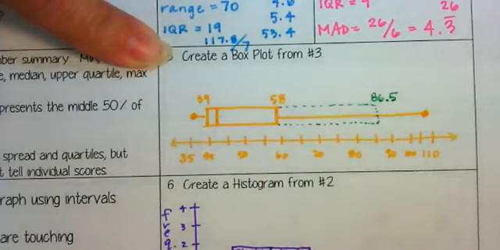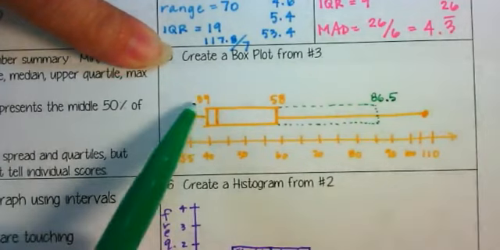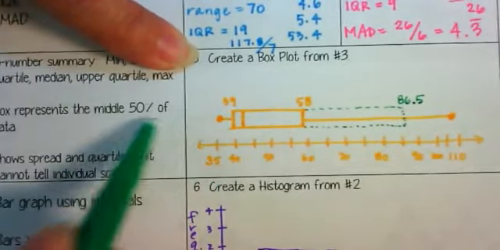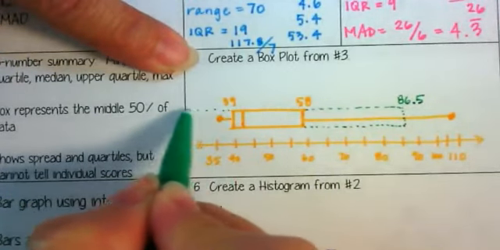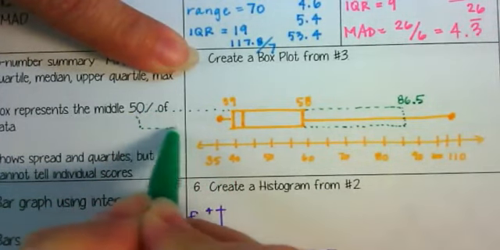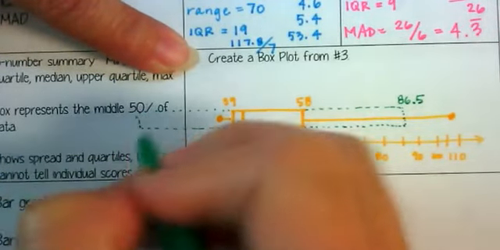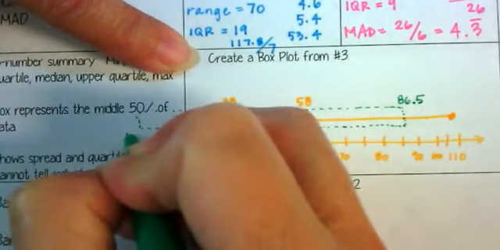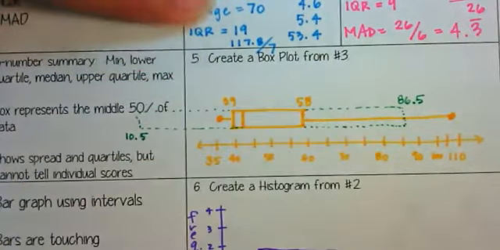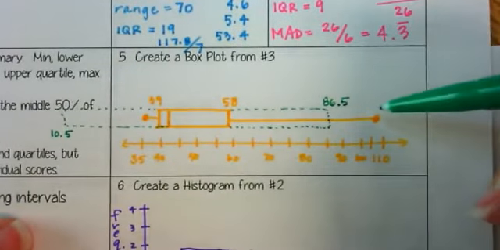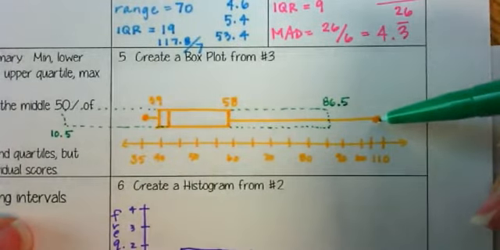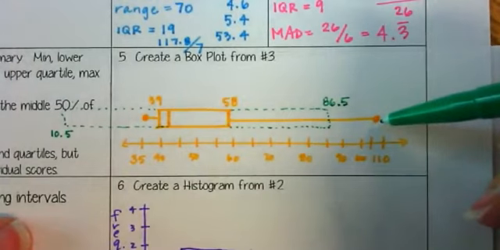Well, what I'm going to do on the opposite end is basically the opposite. I'm going to take this 39 and I'm going to stretch it 28.5 this way. Then this down here is going to be 10.5. So now that's how I'm going to decide if I have any outliers. So when I look at this, I can see that I definitely have an outlier right here in the score that was 106.